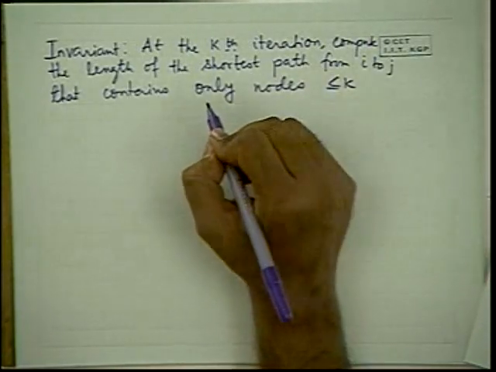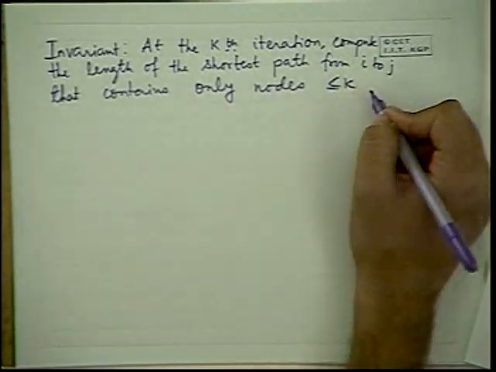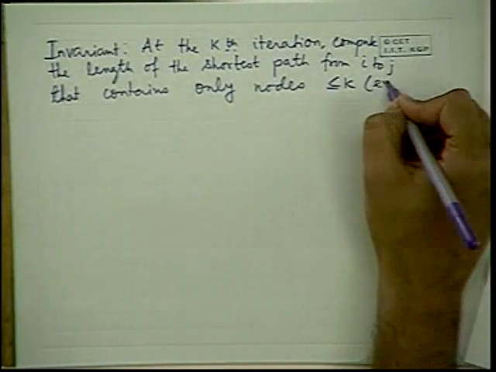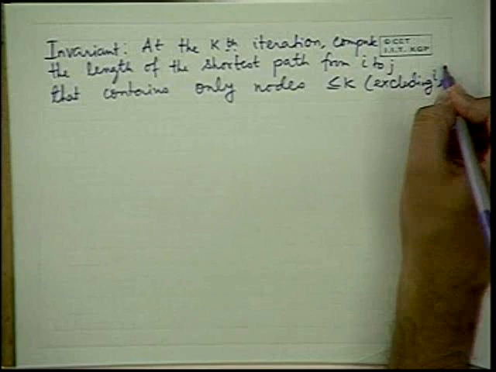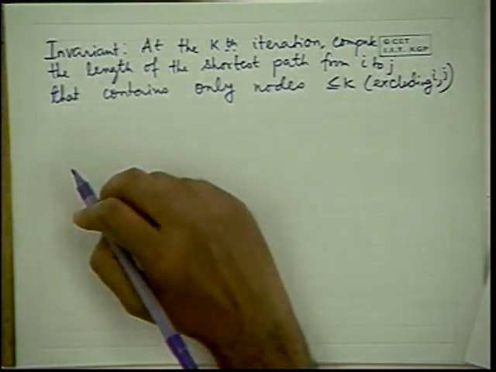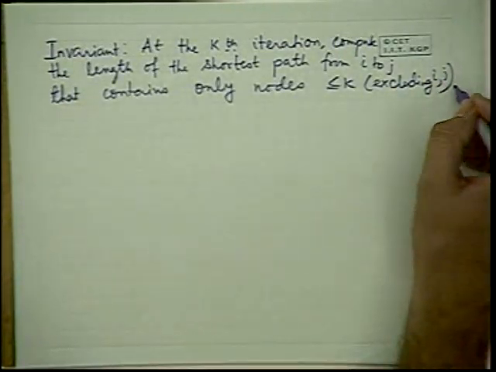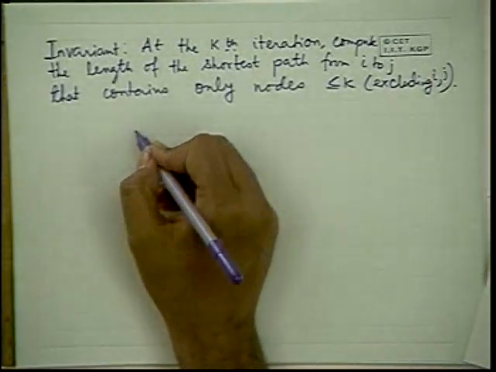Only nodes less than equal to k means whose indices are less than equal to k, excluding i and j. So this is the invariant which we will maintain, and we have already seen what to do.